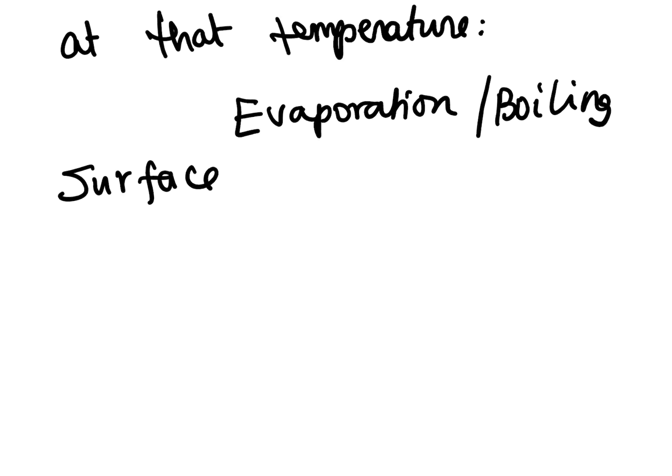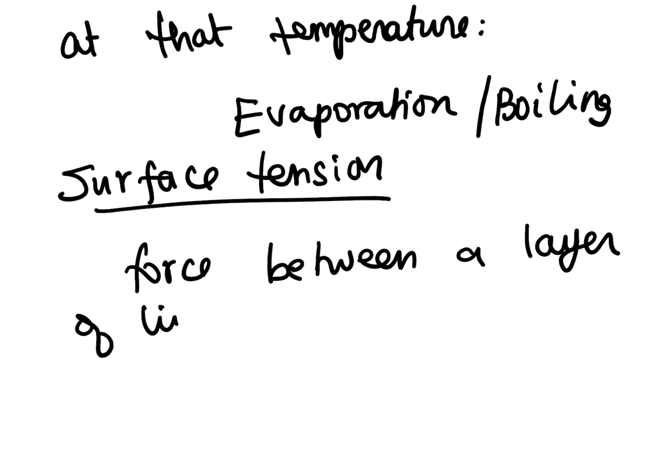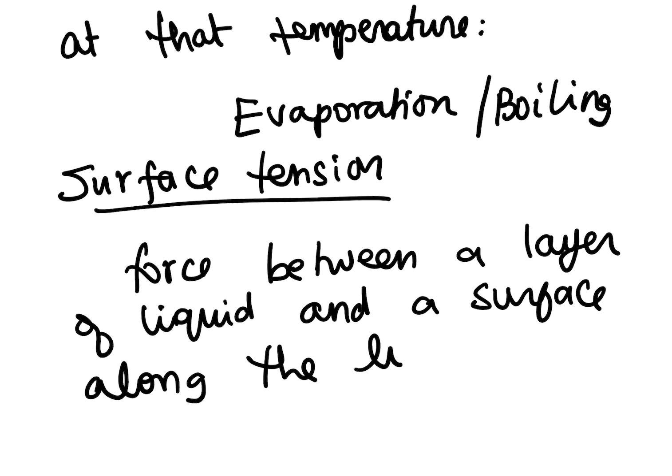The last property that we are interested in is that of surface tension, which is the force between a layer of liquid and a surface along the line of contact.